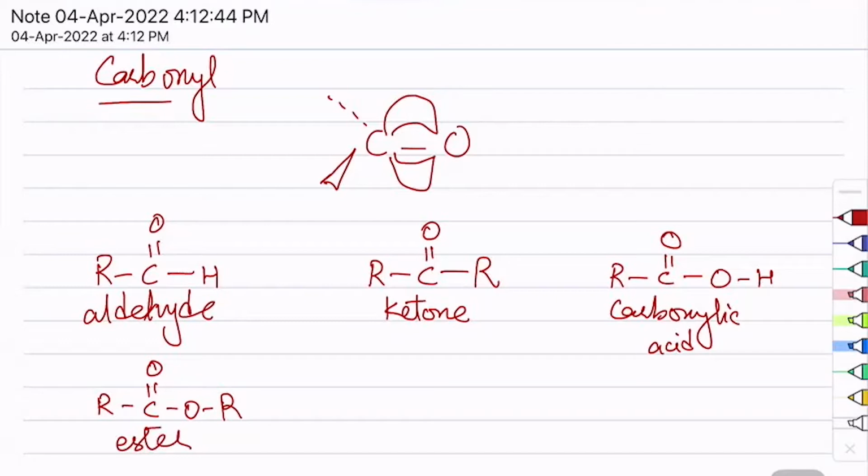Now, these two follow a certain similar pattern in reactivity, but these two follow another similar pattern. So these are two further subgroups of carbonyl compounds, and they are based on the ester link that they have. So if C-O-O is available, then that thing will have slightly different properties than the C with just one oxygen.